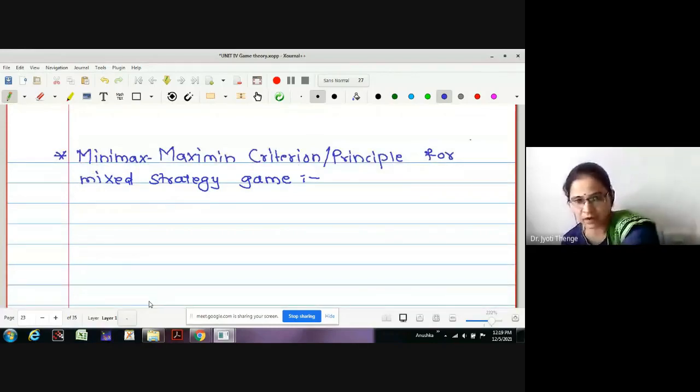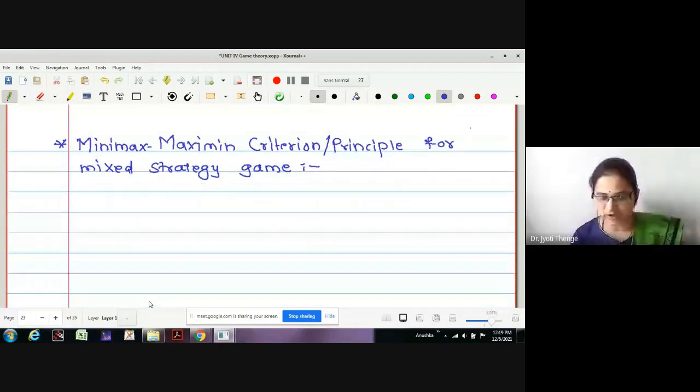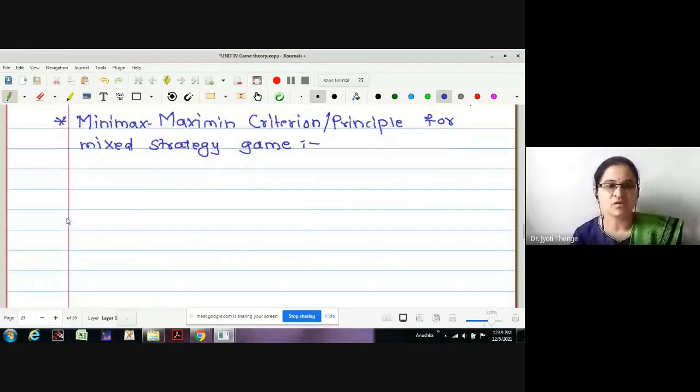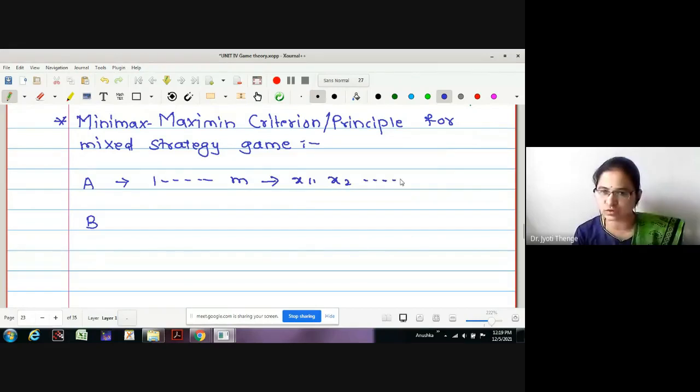Okay, now what we will do, we will try to generalize this idea for players A and B having a number of activities. Suppose player A has activities 1 to m with probabilities x1, x2 to xm. Similarly, player B has the activities 1 to n with probabilities y1, y2 to yn.